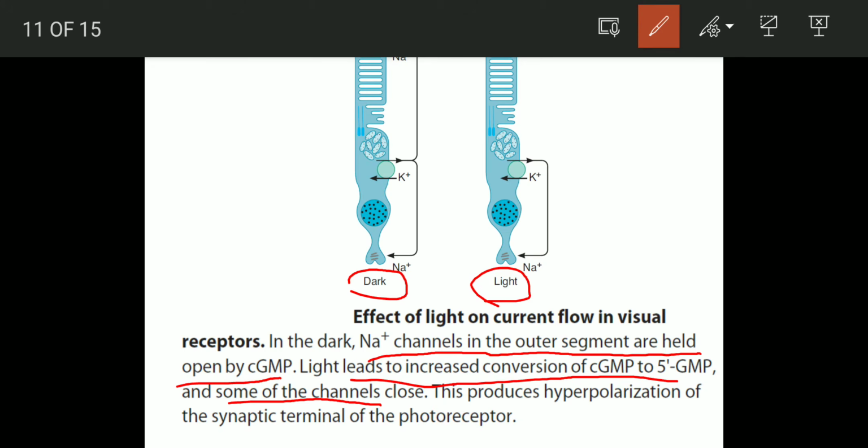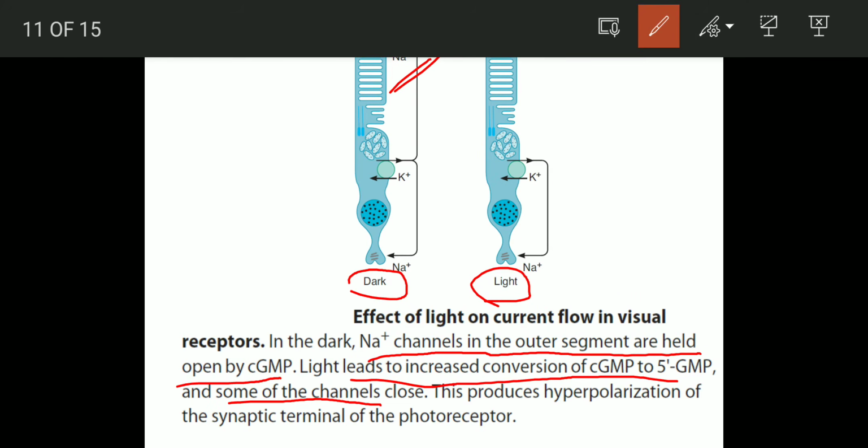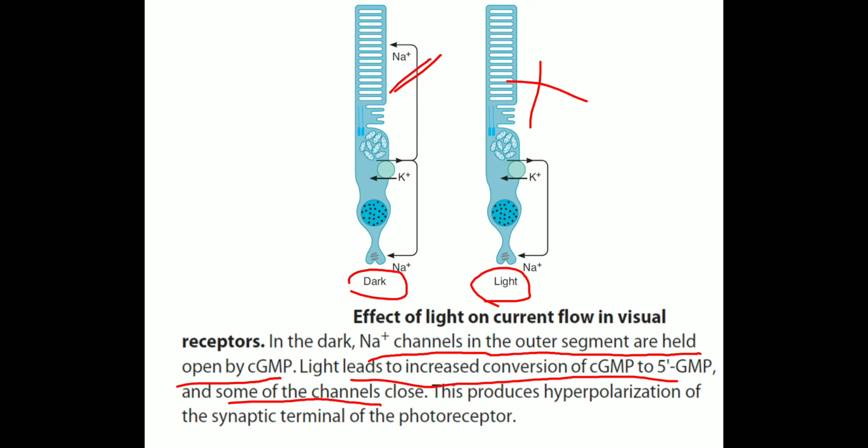So in the dark state, the sodium channels in the outer segment are held open by the cyclic GMP. But whenever there is light entering here, it increases the conversion of cyclic GMP to 5-GMP, and this will close the sodium channels.